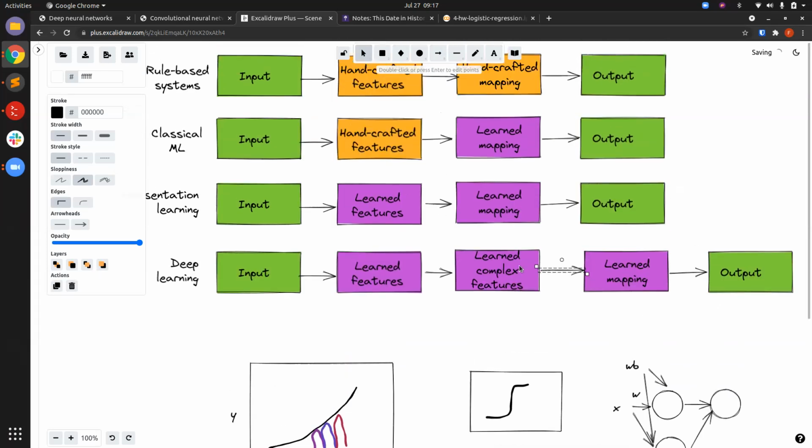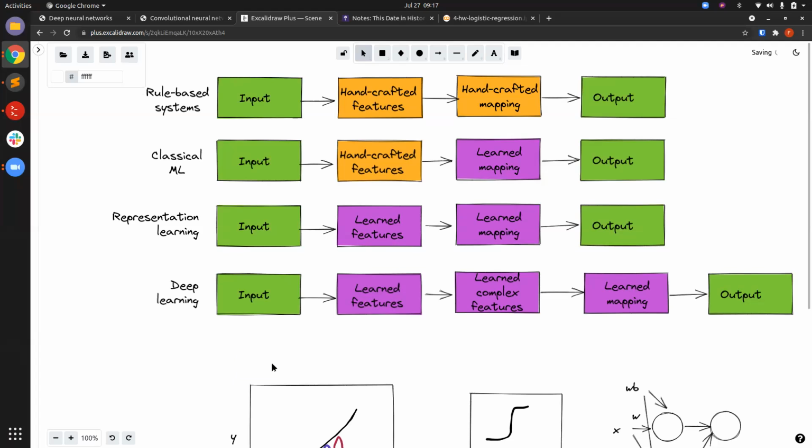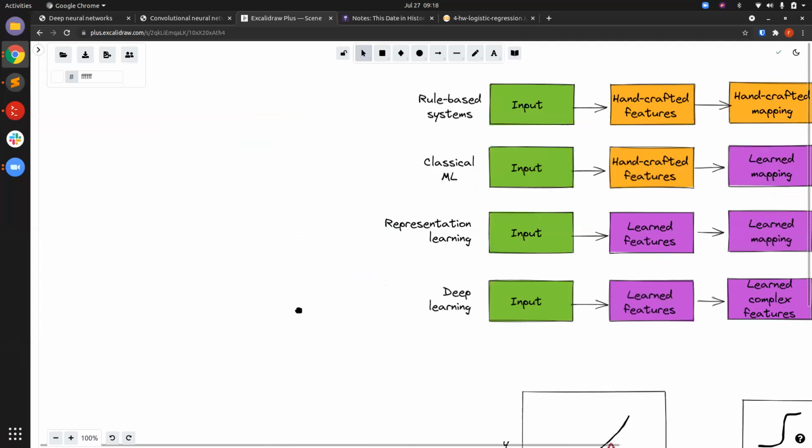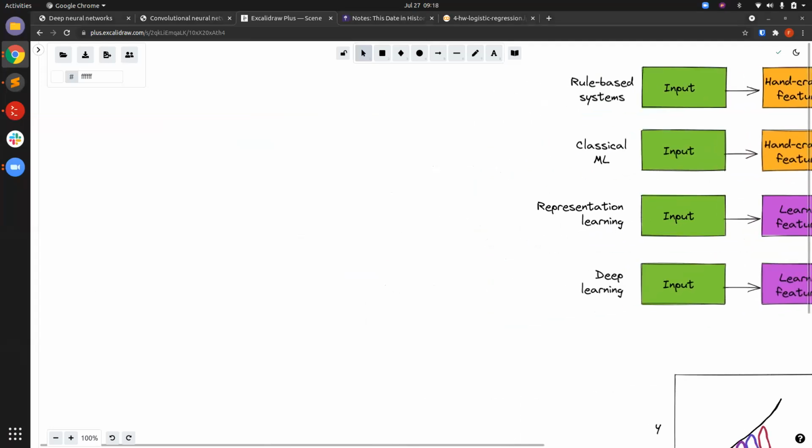We've gone from this rule-based paradigm where we have to handcraft features and then handcraft the mapping, to this deep learning world where not only can we learn features, we can learn very complex representations of the data by learning combinations of features that are useful, and then also learn the mapping. So with a deep neural network, not only are the features learned, but very complex features can be learned.